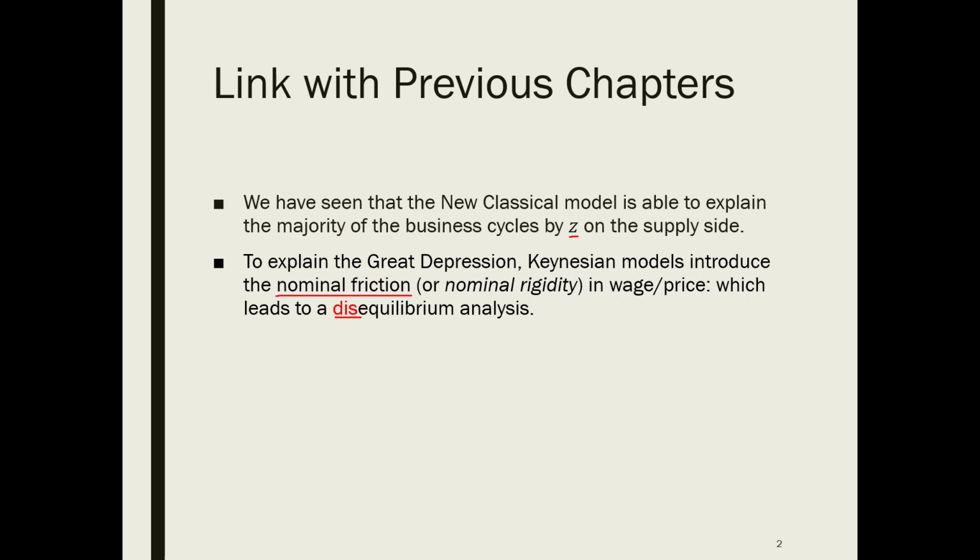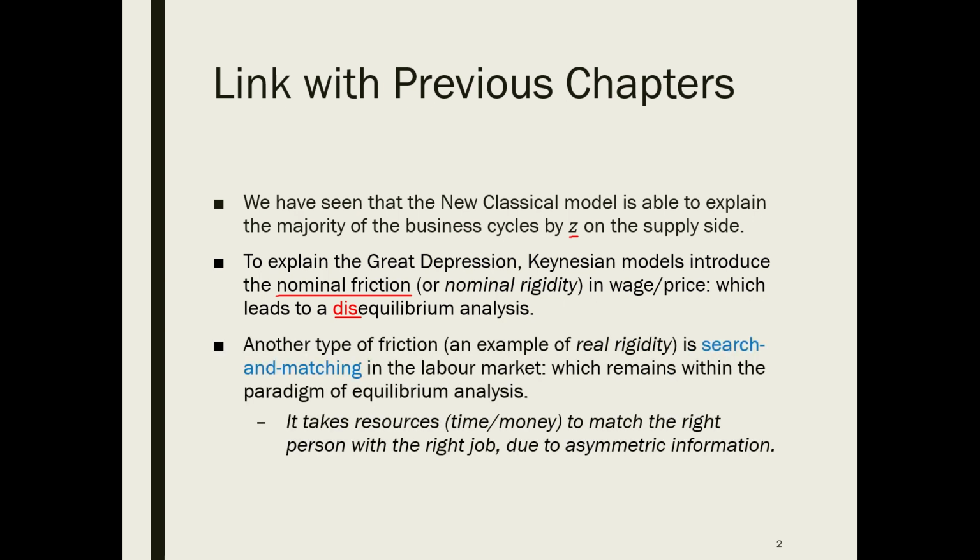If we want to explain unemployment within the new classical convention without introducing nominal rigidity, an alternative approach is to assume search and matching friction in the labor market. We know that it takes both time and money to search for the right person and match with the right job in reality.